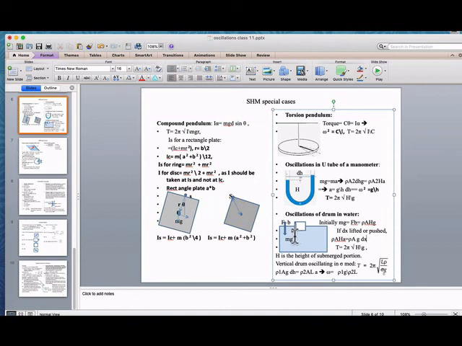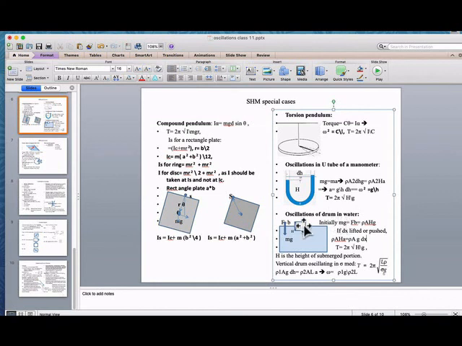So h is the depth. If you take a uniform cross section A, rho A h is the volume of water displaced. So rho A h into g, the force of water displaced, is equal to mg.